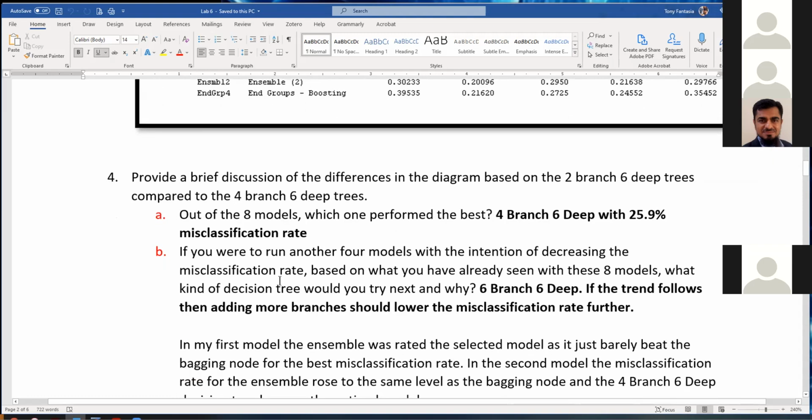And then if I was to run another 4 models with the intention of decreasing the misclassification rate, based on what I've already seen with these 8 models, what kind of decision tree would I try next? I said I would do a 6 branch 6 deep, because if the trend follows, then adding more branches should lower the misclassification rate further.